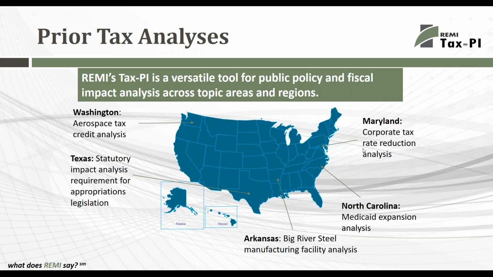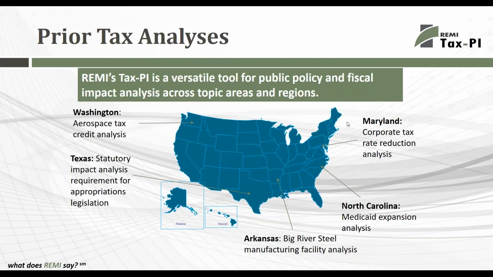We could show a lot more than this, but we narrowed it down so that you can easily see what's been done so far. So we've done aerospace tax credit analysis for the Washington area, some statutory impact analysis for taxes, corporate tax analysis for Maryland, and Medicaid expansion analysis in North Carolina, and so on.